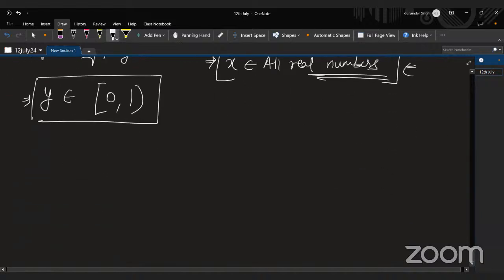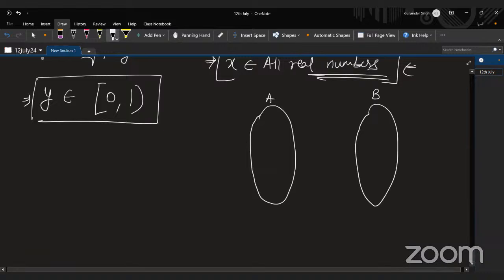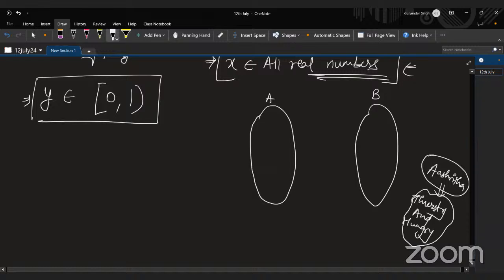I will explain to you in real manners. This is a person, this is A, this is B. Let us say I have a person, Ashrita, sitting over here. She is waiting for the juice. She is very thirsty and hungry. I asked her, which juice do you want to drink?